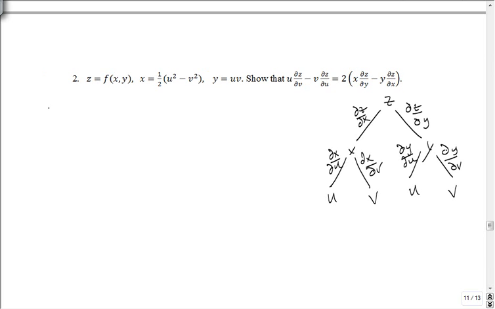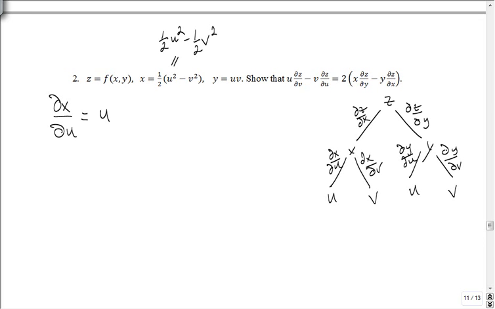So, can somebody give me partial x with respect to u, please? Anybody? You might want to distribute that. That's a half u squared minus a half v squared. And maybe you can see it better now. What is it?